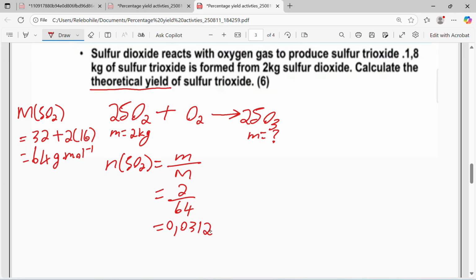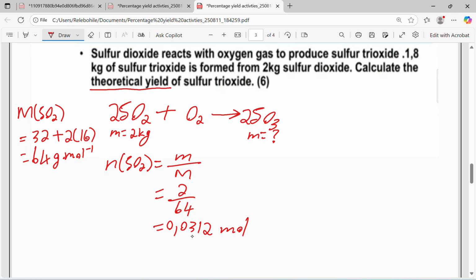0.0312 kmoles. Now there's something here, guys, I want you to be aware of: when you are finding your number of moles, which are going to lead you to finding the mass, make sure that you round off your answer to 4 decimal places. You will only round off the final answer to 2 decimal places.